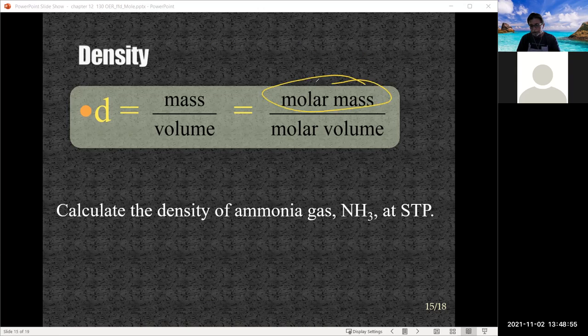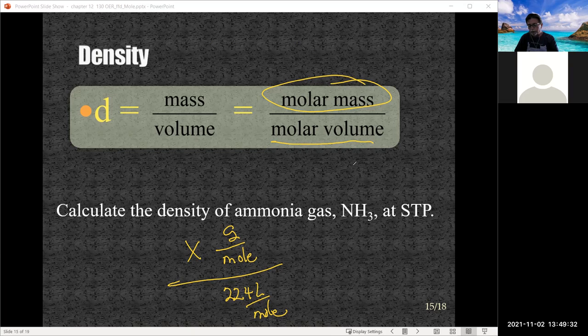If we look at the molar mass, which is grams per mole, divided by the molar volume, which is 22.4 liters per mole, I'm dividing by a fraction, am I not? The molar mass is X, whatever the gas is, but I'm just looking at the units.